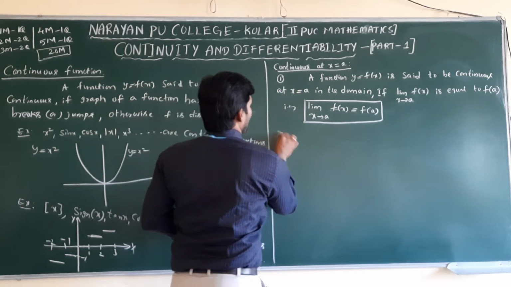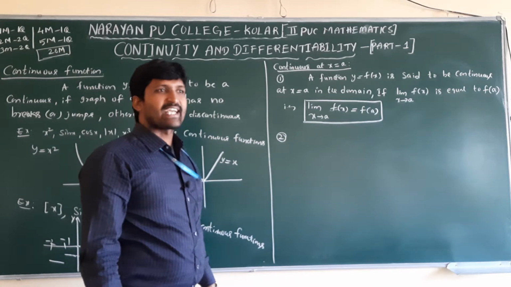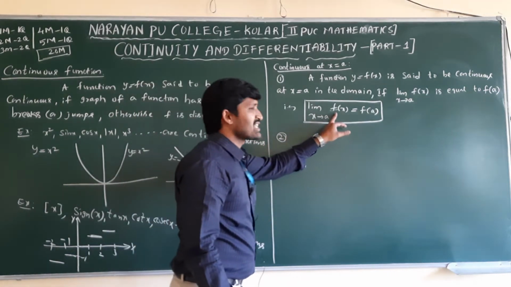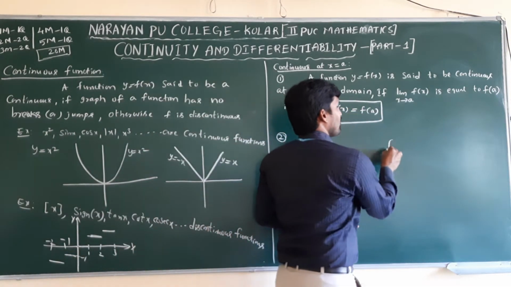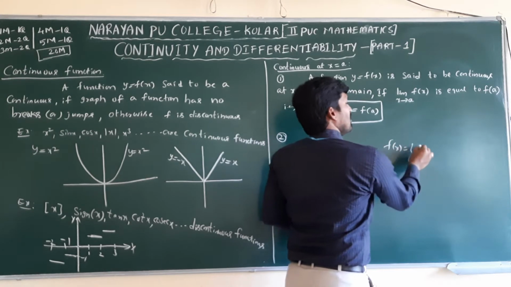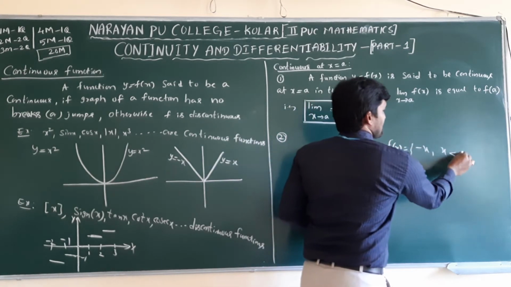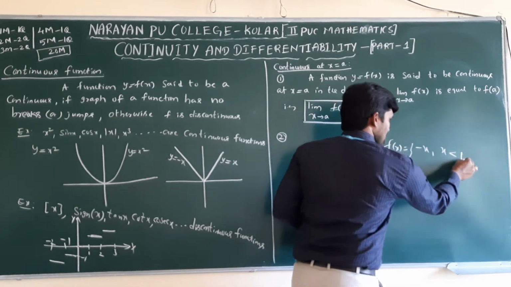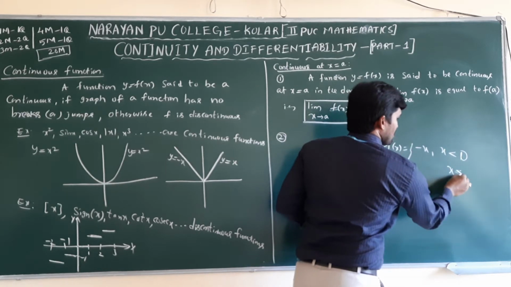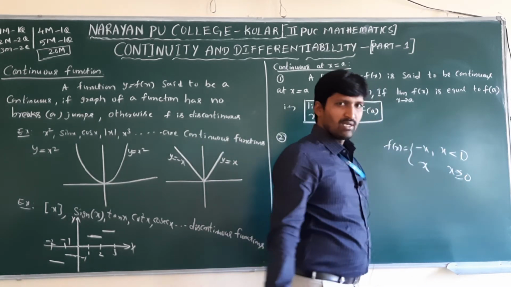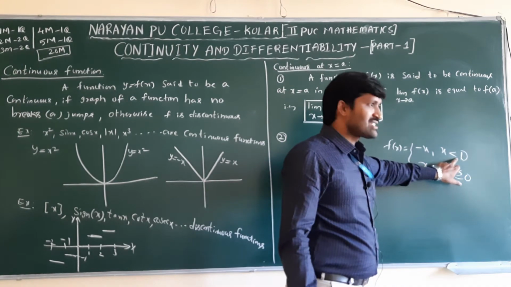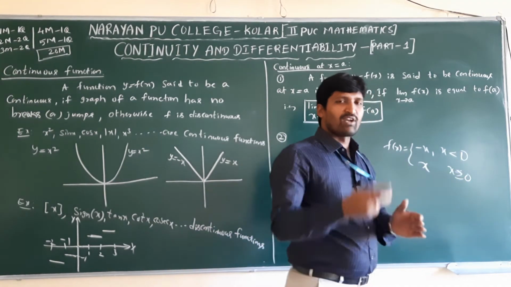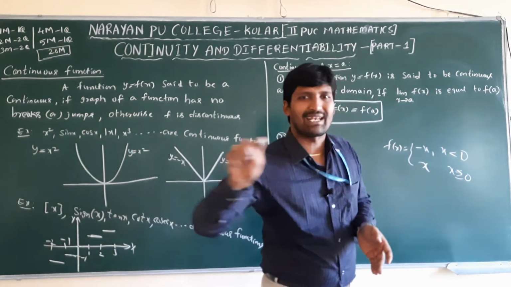When coming to the second one, when you have to use it, means when the restriction is not given. Restrictions means the function is defined like this: minus x when x is less than 0, and when x is greater than or equal to 0, plus x. Here there is a condition, less than 0, greater than 0. For less than 0, all values we call LHL.